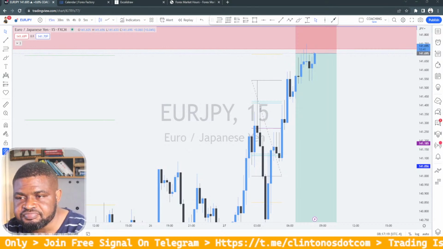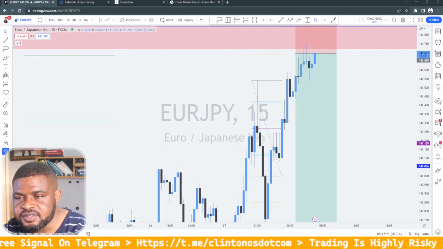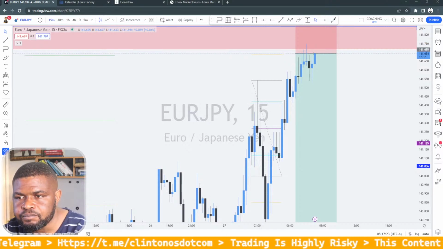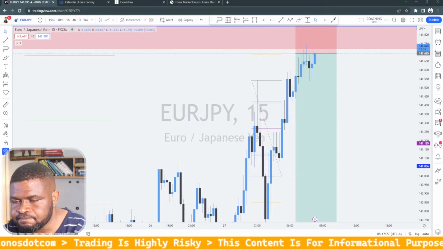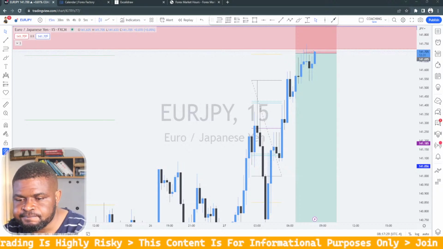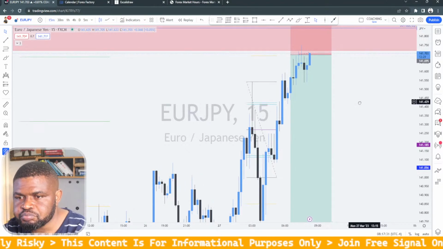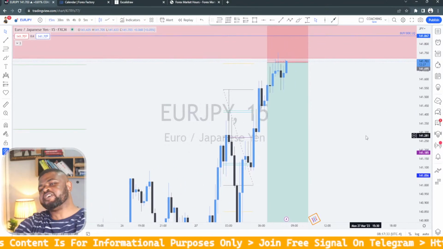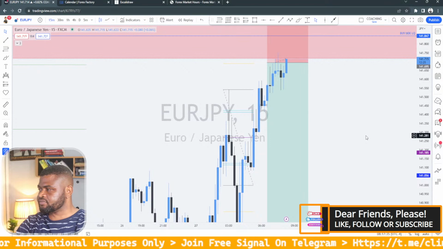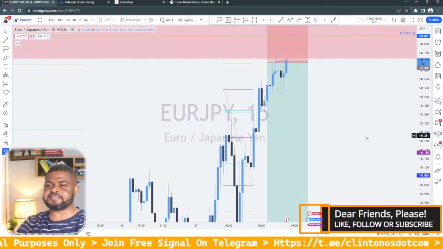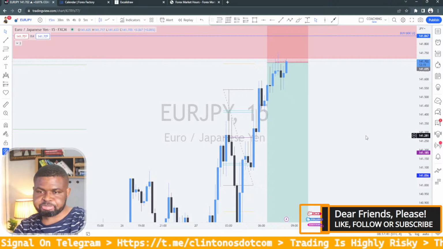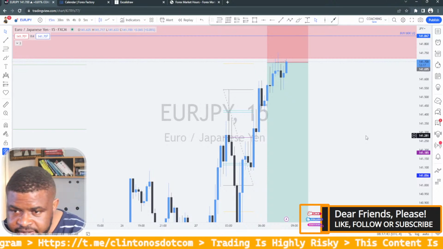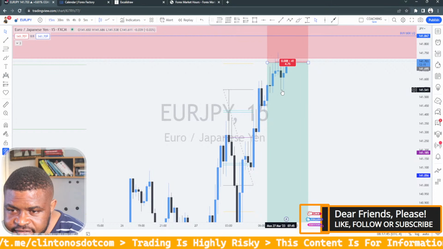So that is what it is. Right, there's the entry again. Maybe it's interested in that buy side liquidity. It can come down and take this low.